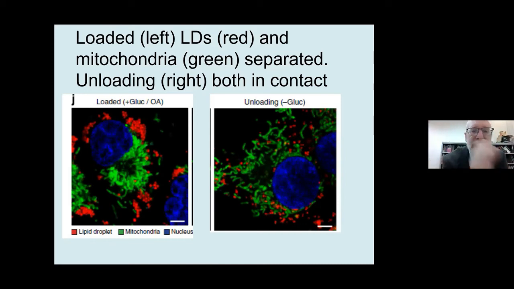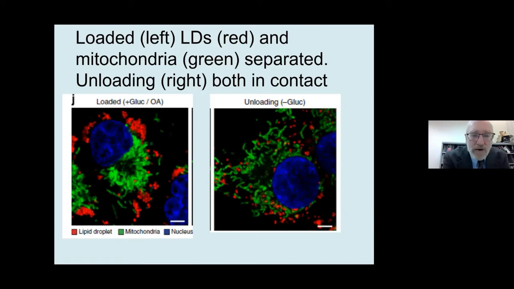So the second case then is, you have lipid droplets, and mitochondria in general would prefer to run on glucose, or actually the cell would prefer to make ATP using glucose rather than having the mitochondria process lipids.